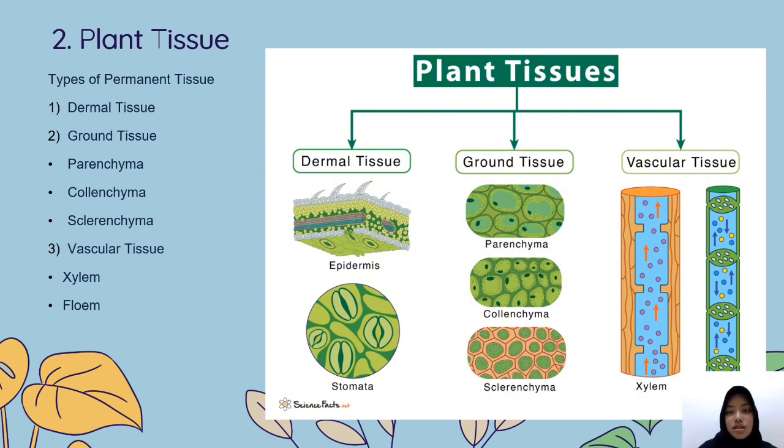And then the third, sclerenchyma. Unlike other ground tissue, sclerenchyma has secondary cell walls composed of lignin. This substance is the primary component of wood, so the cells cannot stretch and are dead. They provide structural support to the plant.